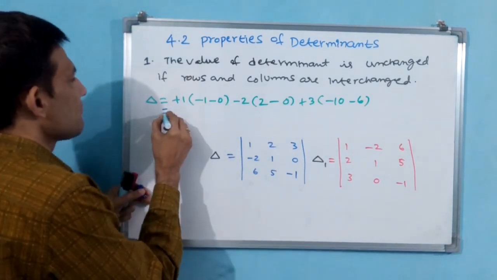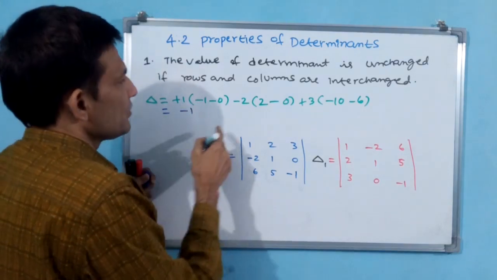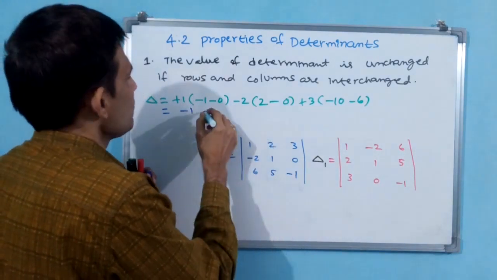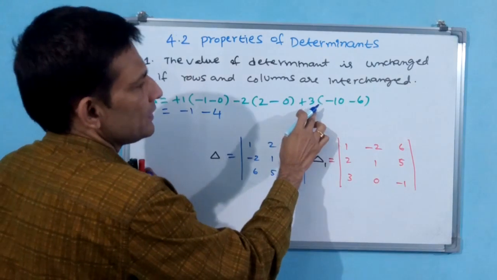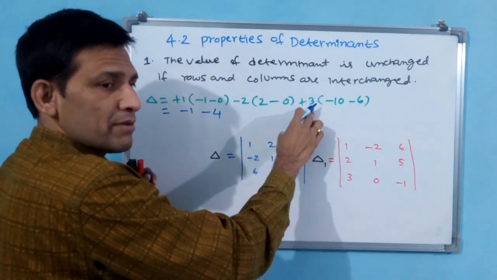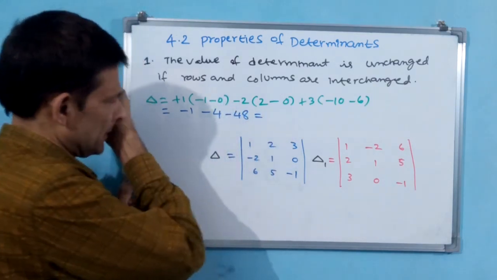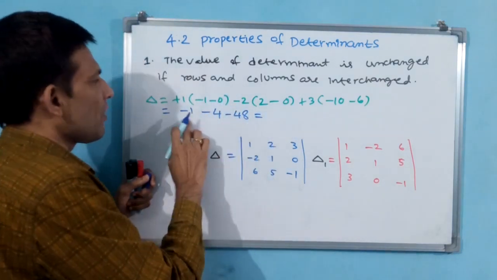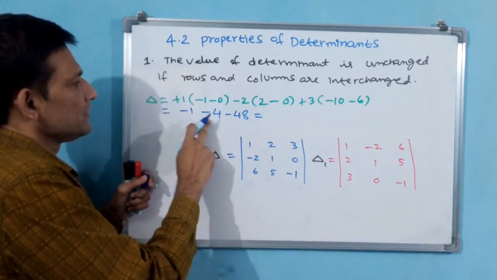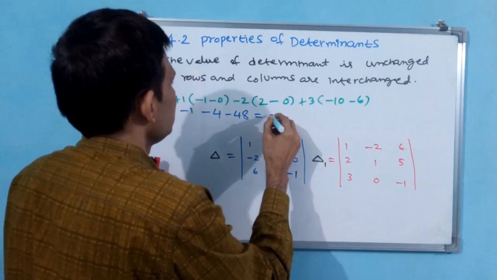Now find the final value. Minus 1 into 1, minus 1 only. Minus 2 into 2, minus 4 only. Here minus 16, minus 16 into 3 is minus 48. Minus 1, minus 4, minus 48, minus 53.